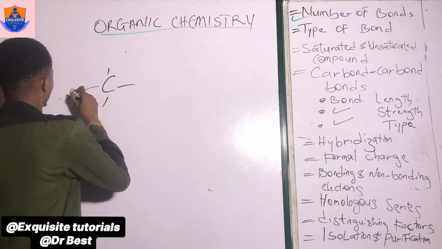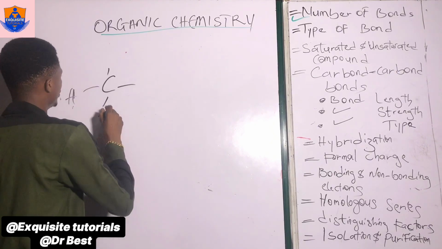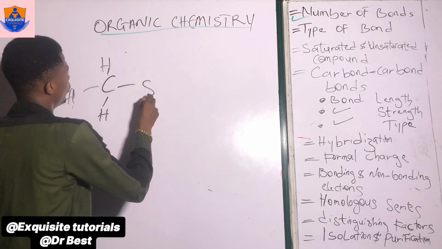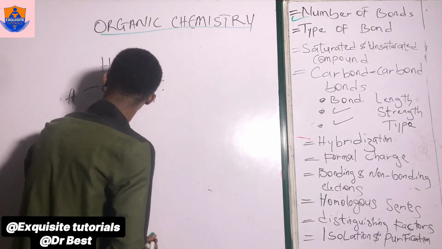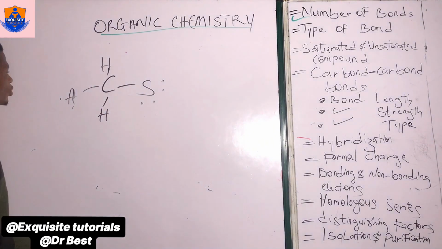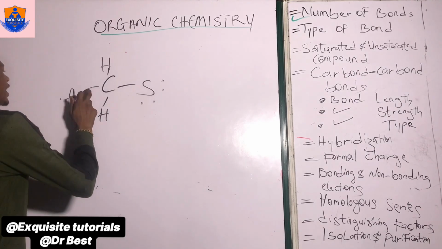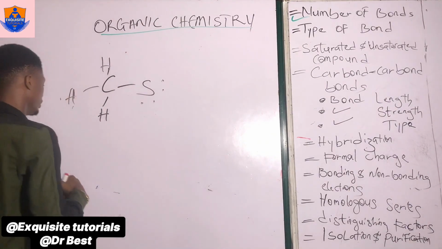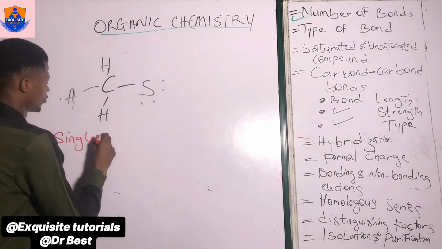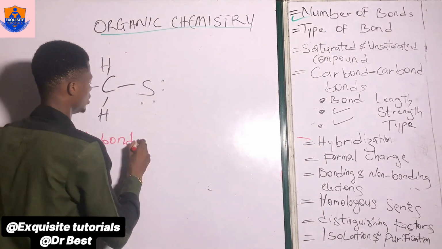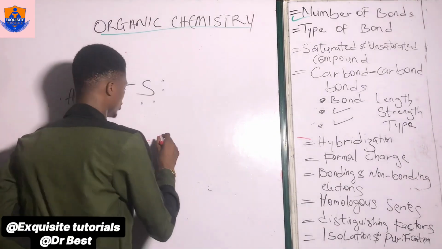H, H, H, bonding to sulfur, and this O is like this. Now, let me explain something to you. Each single bond here represents 2 bonding electrons.